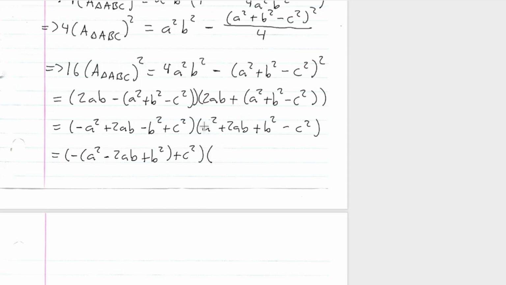And here, this is the trick I'm trying to use. I know a squared plus 2ab plus b squared is the same thing as a plus b squared, right? Because remember, a times a is a squared, a times b will be ab, and then b times a is ab, so there will be two ab's, and then b times b is b squared.